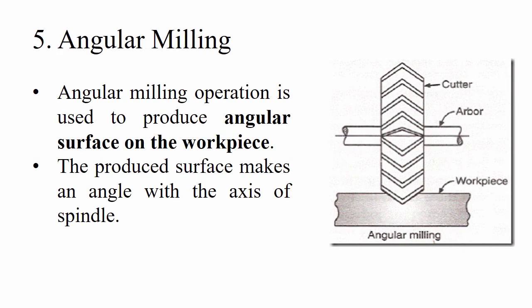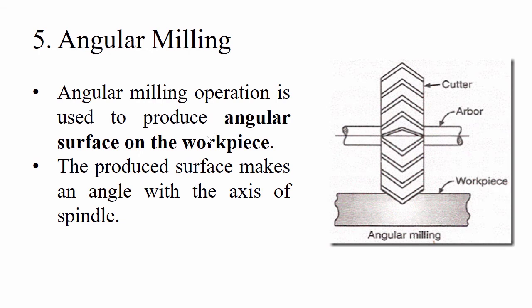Next is angular milling. Here in angular milling, again the axis of rotation is horizontal, so it is done on the horizontal milling machine. If you see the cutting edges, they make some angle with the axis of the tool, that is why it is called angular milling.